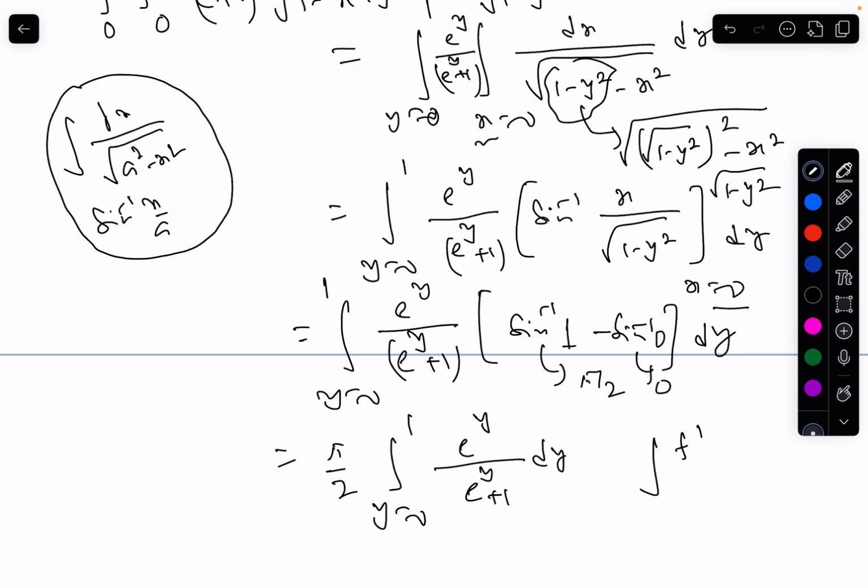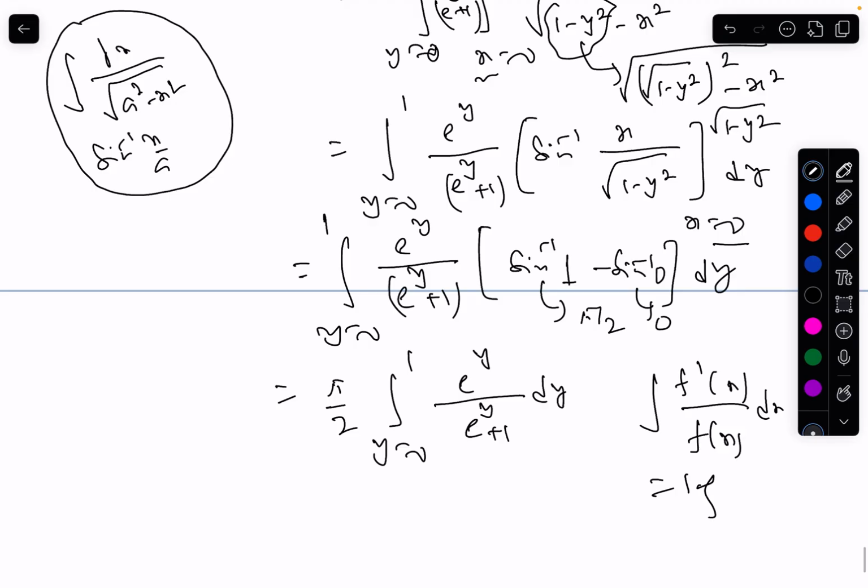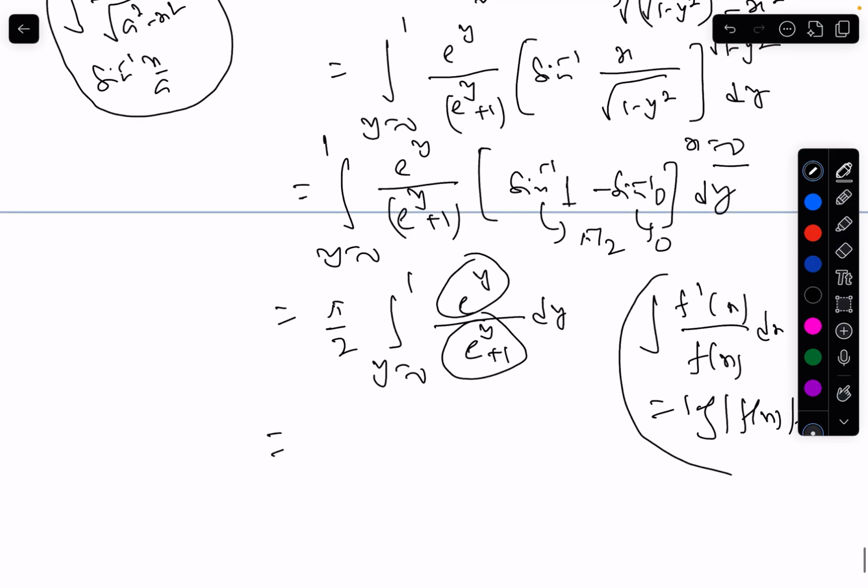Now this is f dash x over f x. So that integration is log of f x. So now this is a function and here it is a derivative. So that integration is log of e power y plus 1, y equal to 0 to 1.